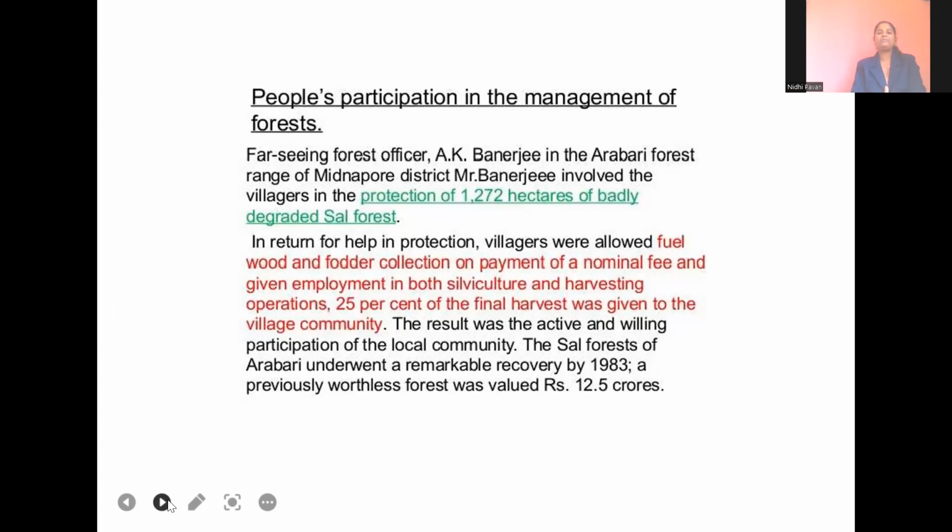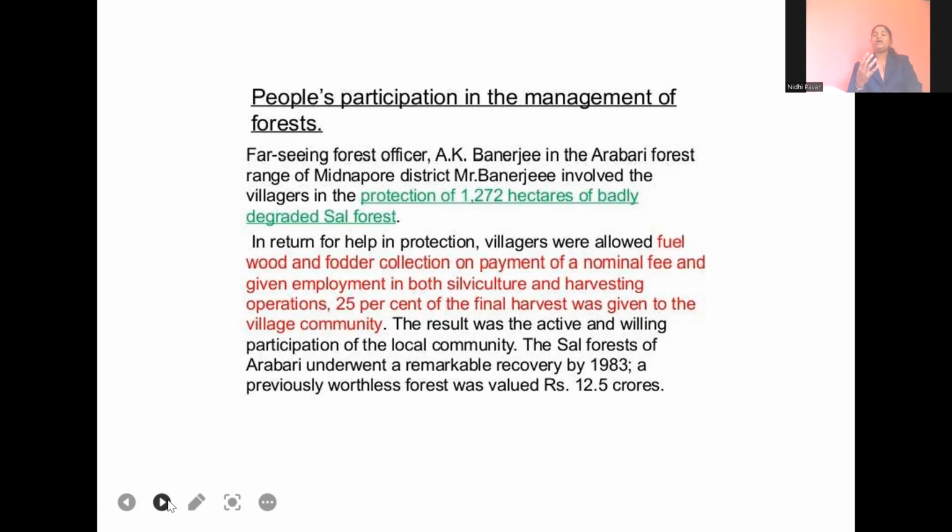In return for help in protection, villagers were allowed to use fuel wood and fodder collection on payment of nominal fees from the forest. They were given employment in both silviculture and harvesting. By this, 25% of the final harvest was given to the village community.